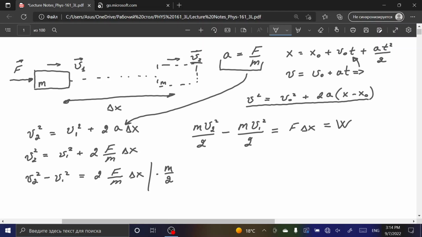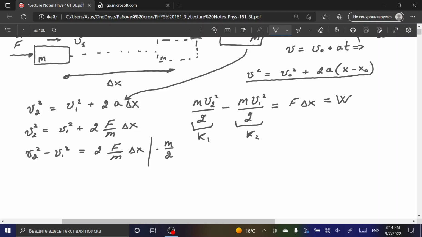So here we can introduce new parameters, let's say K1 and K2. As you may already see, we deal with a new concept, which is kinetic energy.